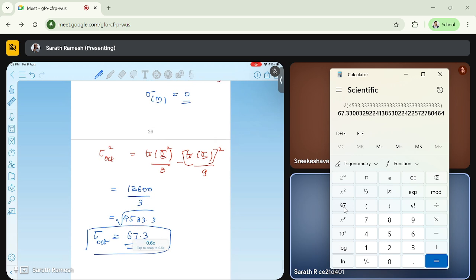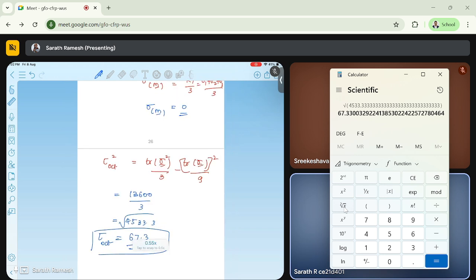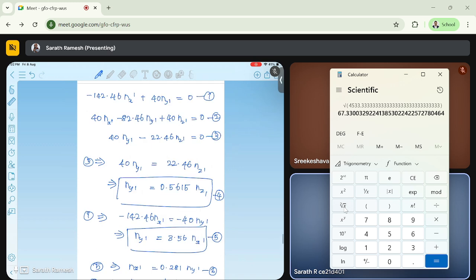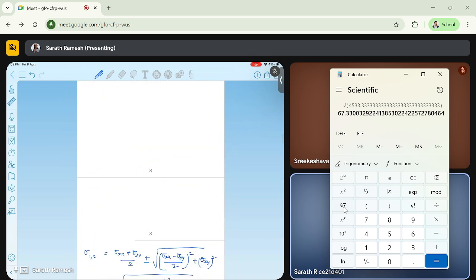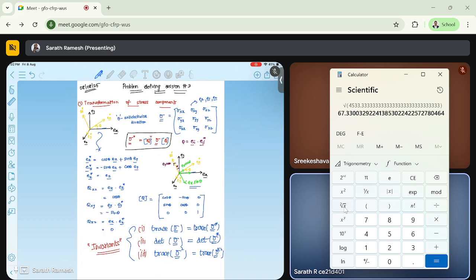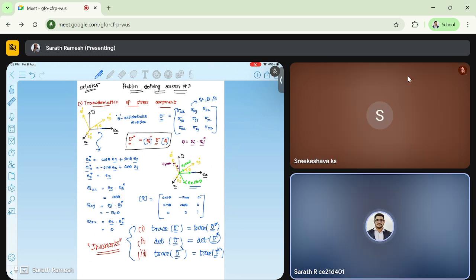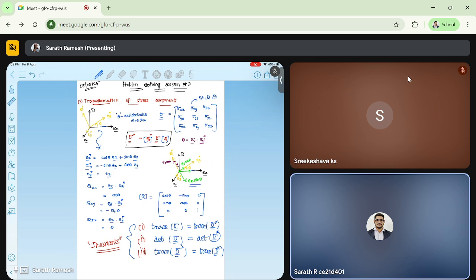Fine. So this completes the three sets problem. Let me quickly revise whatever we have seen today. First we started with transformation of stress components. What will happen when we change the basis from EX, EY, EZ to EX star, EY star, EZ star?